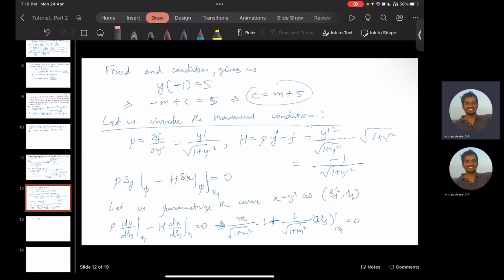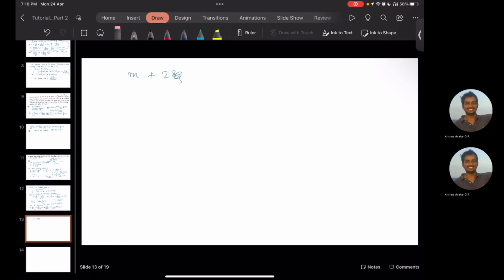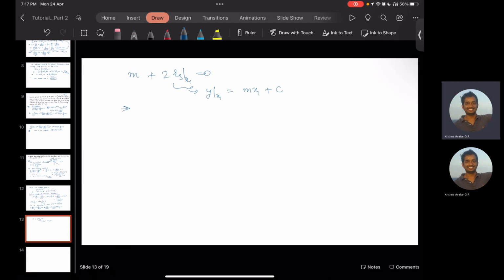So if I call this xi at x1, then xi at x1 is equal to y at x1, and this is the same as m into x1 plus c. Is it not? Yes, right? So this means that we have m plus 2 into mx1 plus c is equal to 0.